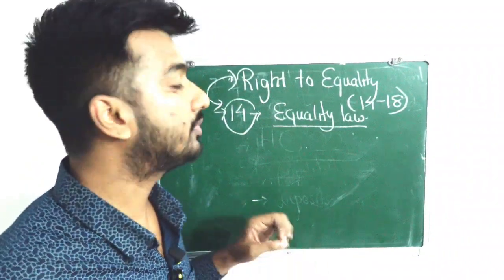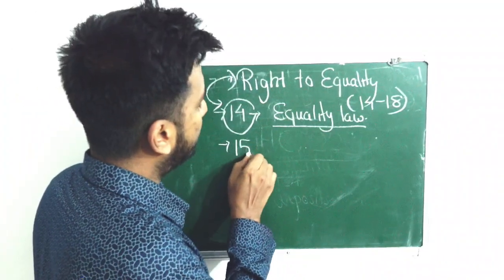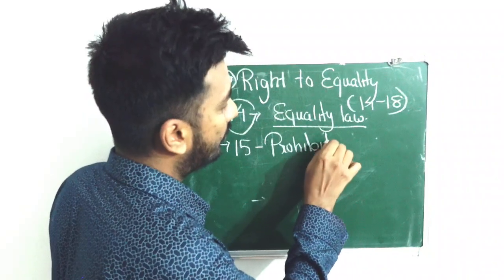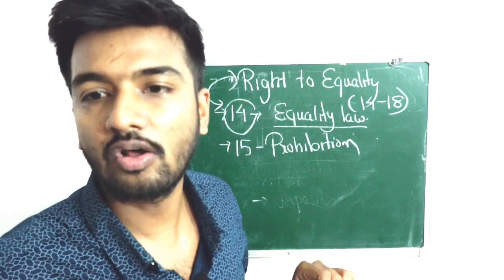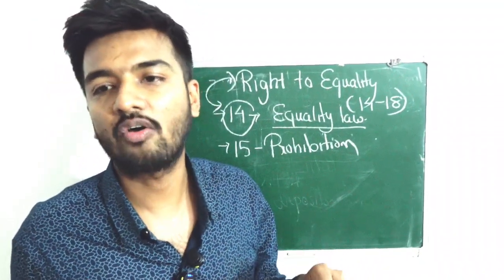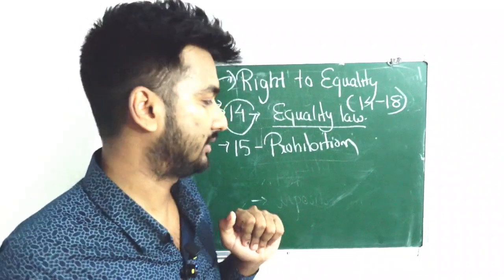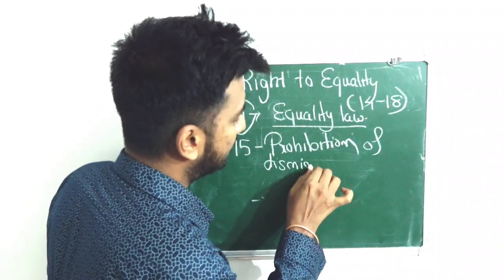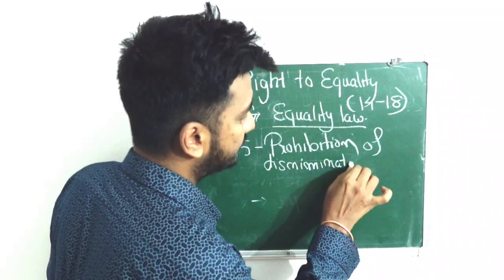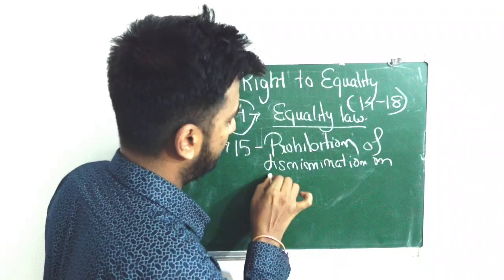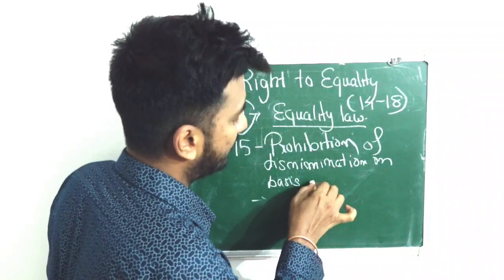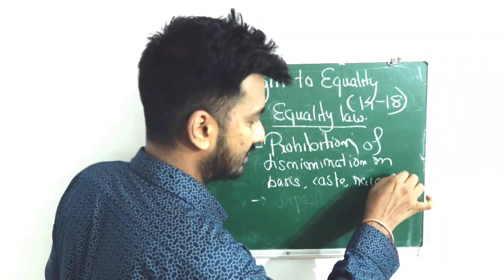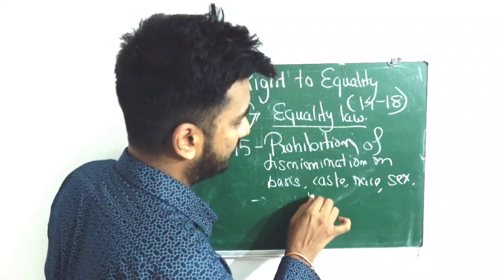Now, what is 15? Article 15 says prohibition of discrimination on the basis of caste, race, sex, and birthplace.